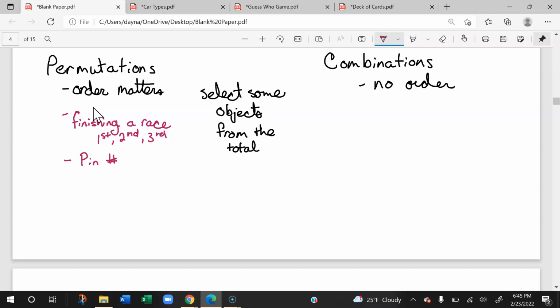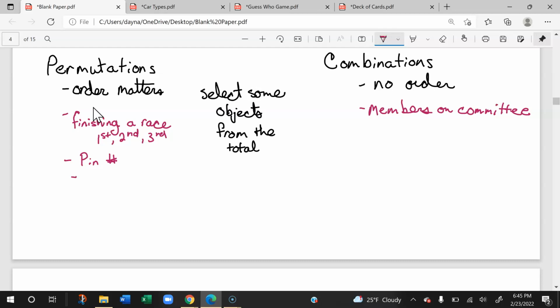There are other things where, no, it doesn't matter what order. They're all the same thing. Such as just straight members on a committee. Now, I have to be a little bit careful with members on a committee, because if you just say members on a committee, that means there's no order.